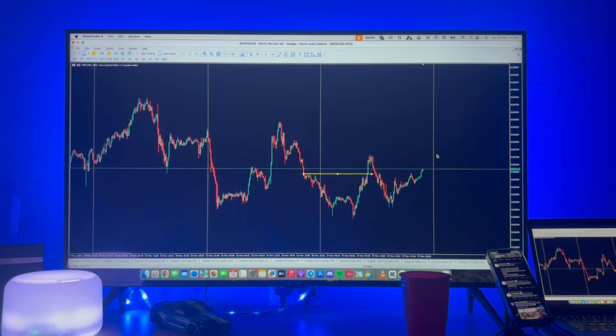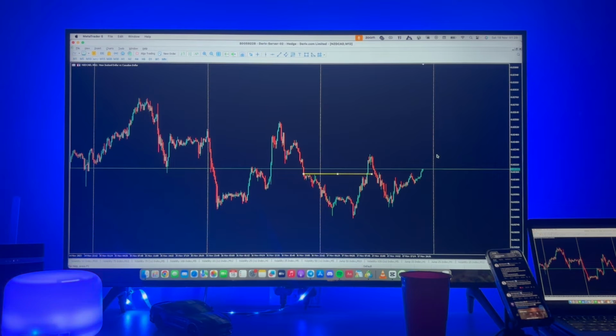Actually, trading is supposed to be boring, guys. If you are happy, you're probably doing something wrong. This is very repetitive. I do this every day. It gets boring sometimes, but that's what works. That's what makes money. That's what requires you to be consistent. That's consistency there, man. So yeah, let's get back to the video.